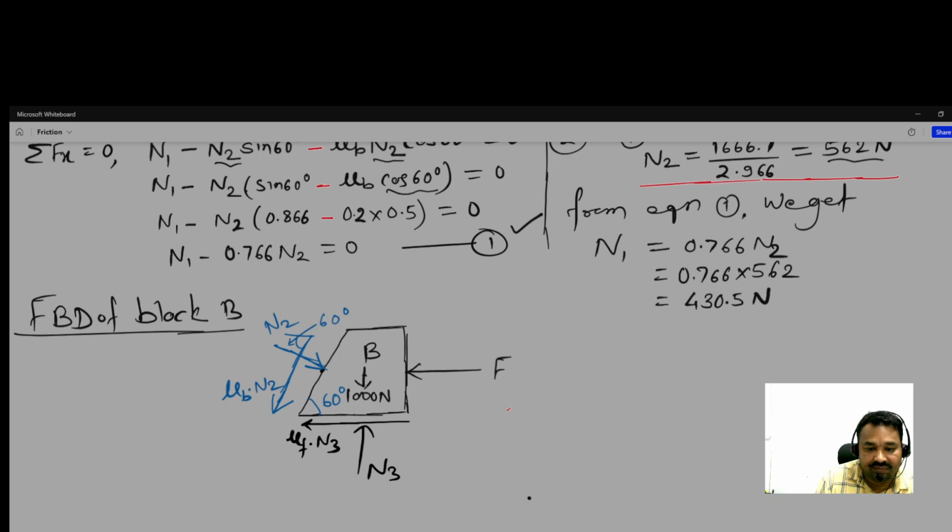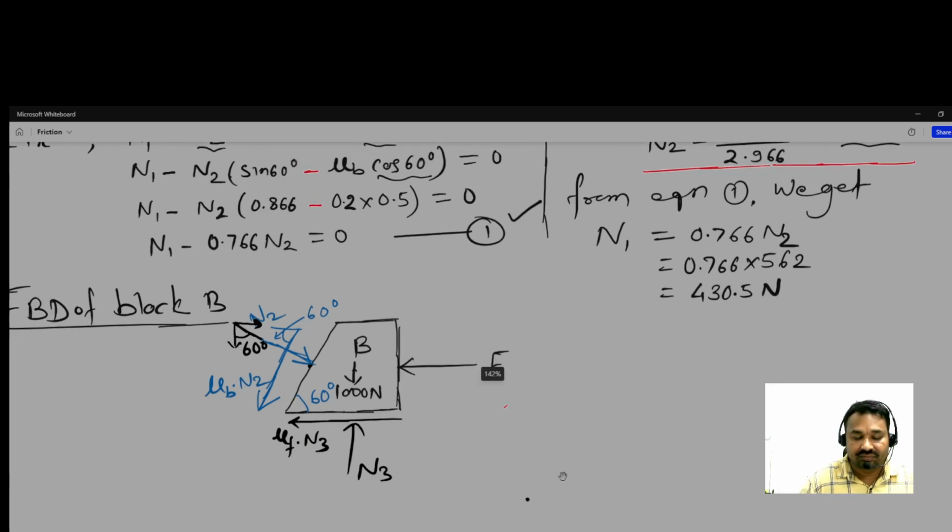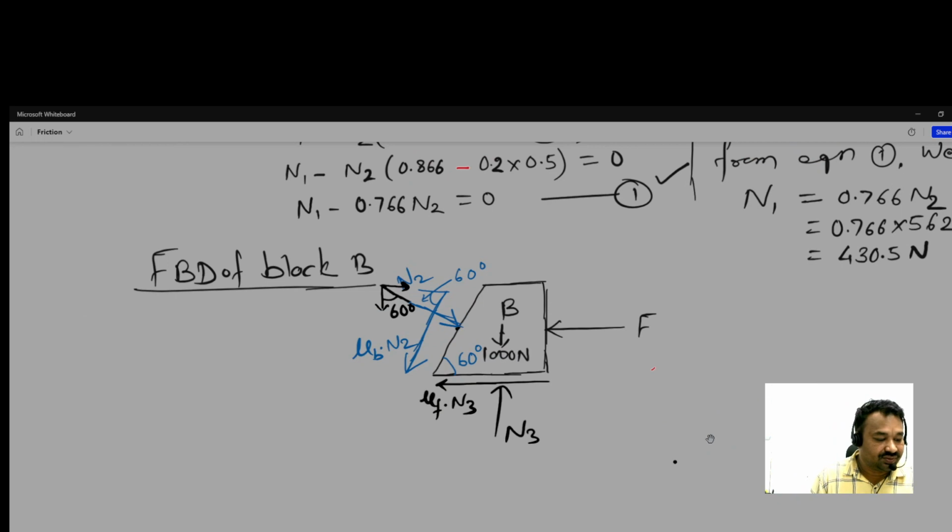If you resolve this, this is vertical and horizontal, so this reaction N2 will make 60 degrees with the vertical. Okay, so in this way we have drawn the FBD. Now let us satisfy the equilibrium conditions.